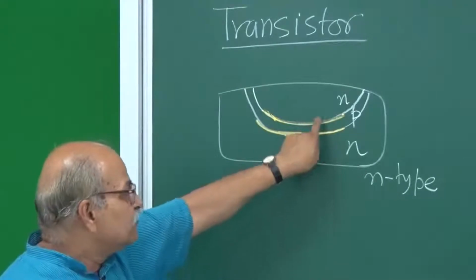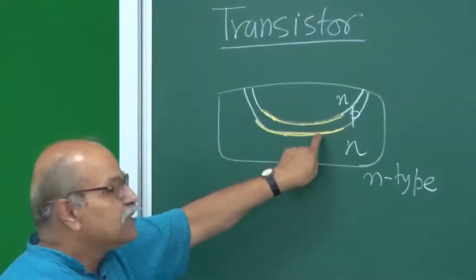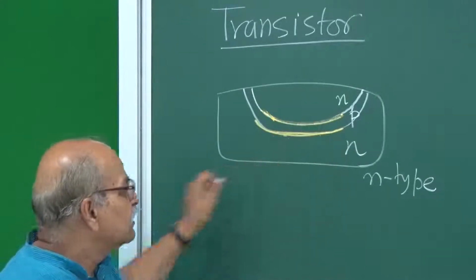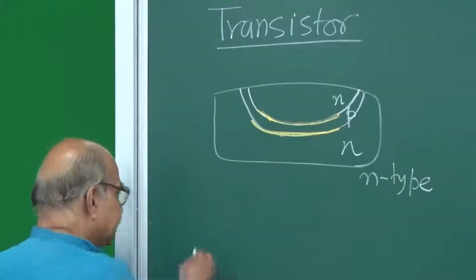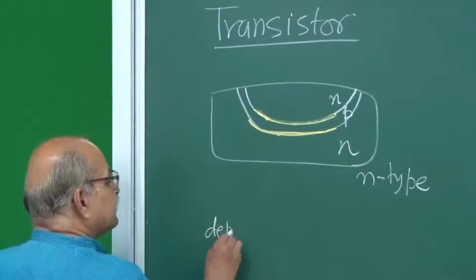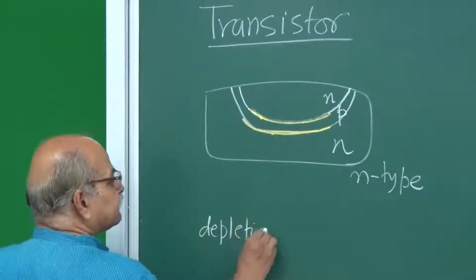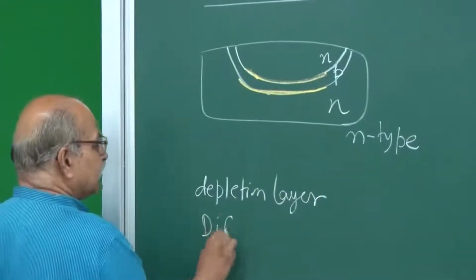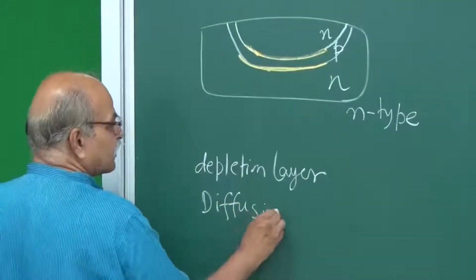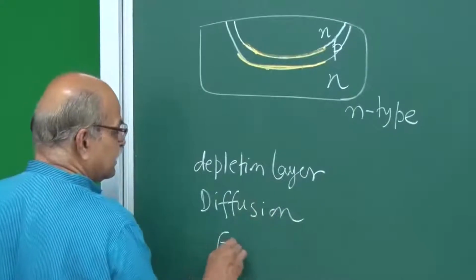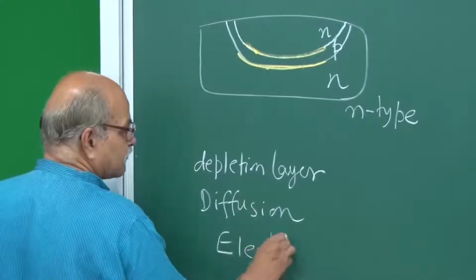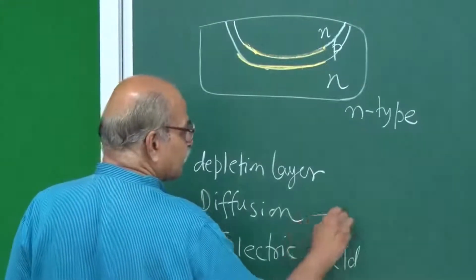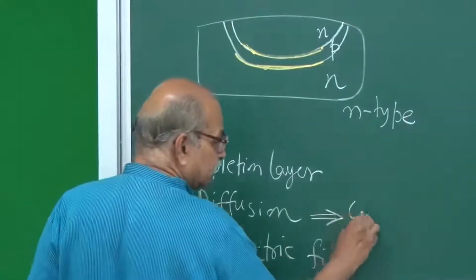At each of these two junctions you will have depletion layers, then you will have diffusion, then you will have electric field, and this diffusion will be related to concentration gradient.